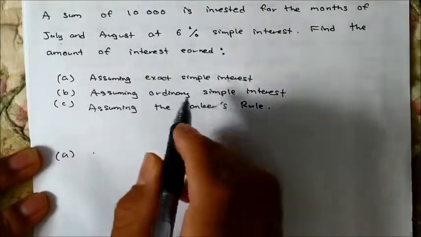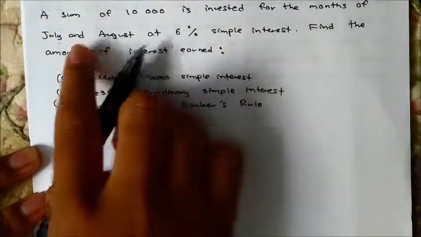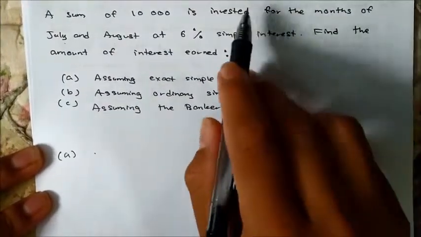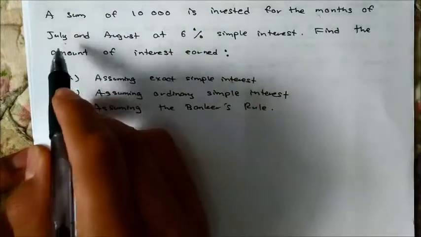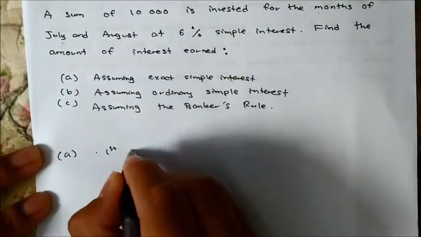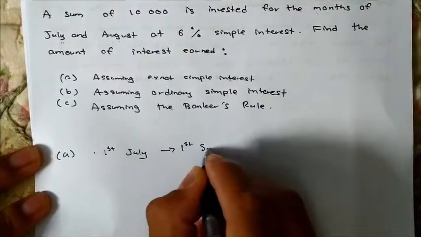by using the exact simple interest, which means we need to know how long the investment takes. Since the question said the investment covers July to August, it is actually from the 1st of July to the 1st of September.